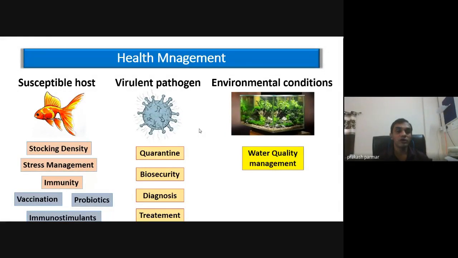Another important thing we can use for boosting immunity is immunostimulants. They are chemicals we add to the feed, and they stimulate the immune system.